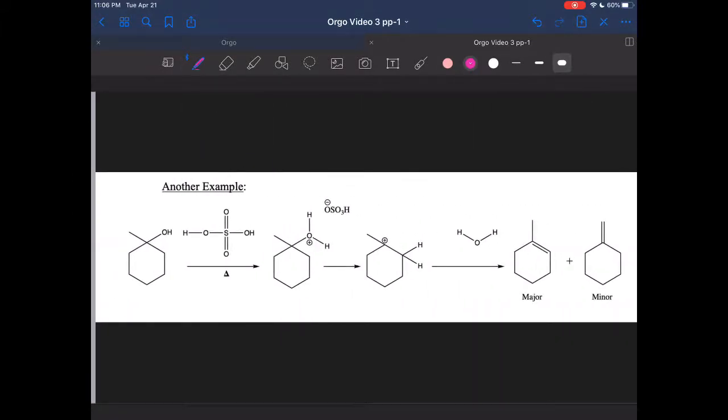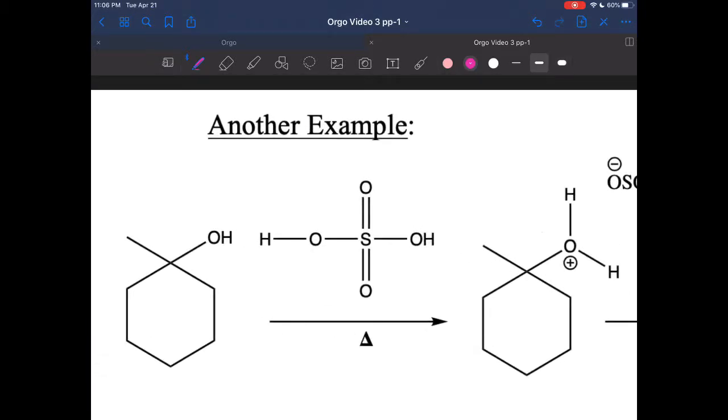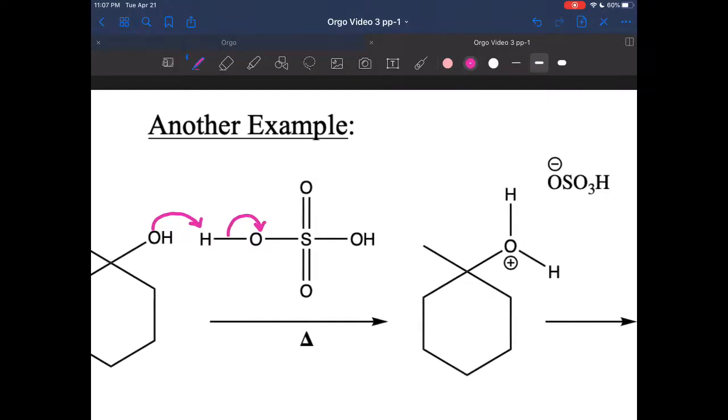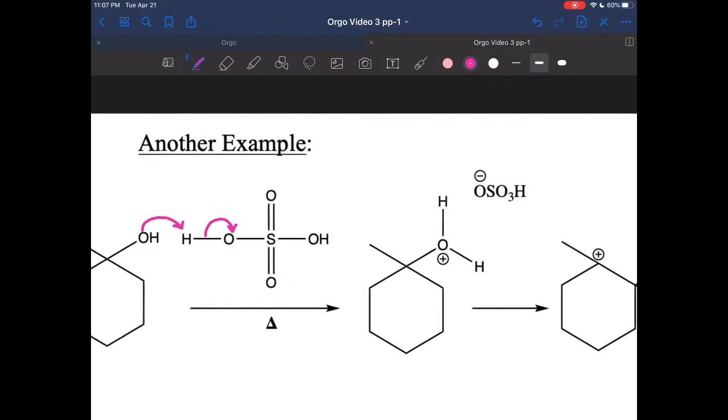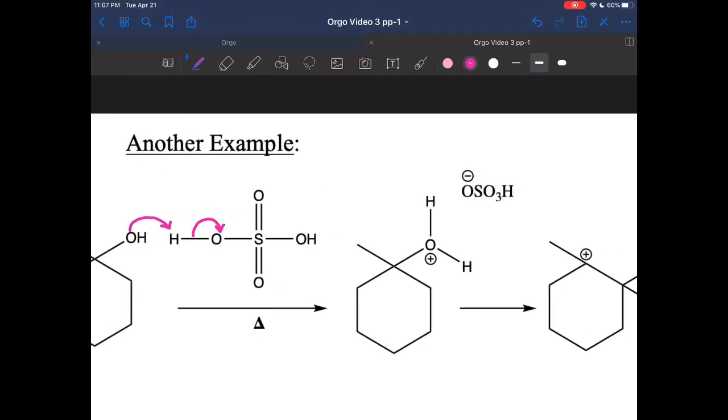In this example, the oxygen will form a bond with this hydrogen. The bond between this hydrogen and this oxygen will break and the atoms will go to the oxygen. And then over here, we will have the atoms from this bond join the oxygen.